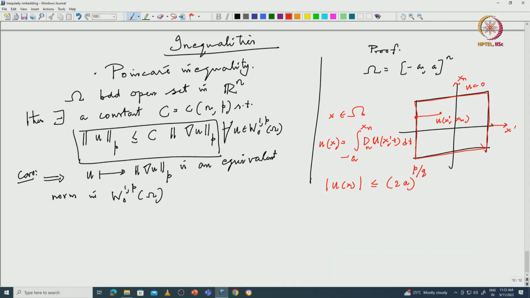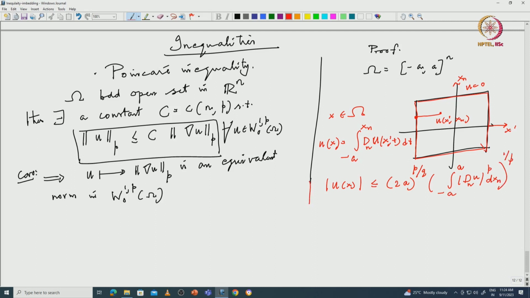Apply the Hölder inequality to get the integral of the modulus dn of u power p, which you are integrating with respect to the last variable, xn, to the power 1 over p.